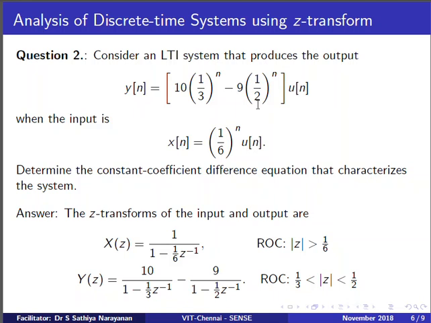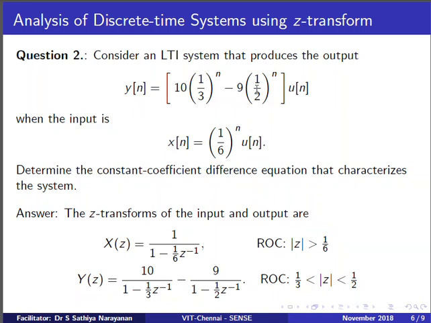So now, there is a z transform pair: a raised to the power n u of n has the z transform 1 divided by 1 minus a z inverse. In x of n you have just one term, and the region of convergence is quite standard: since z is a complex number, the modulus of z should be greater than a. In the case of (1/6) raised to the power n u of n, the magnitude of z should be greater than 1 by 6.